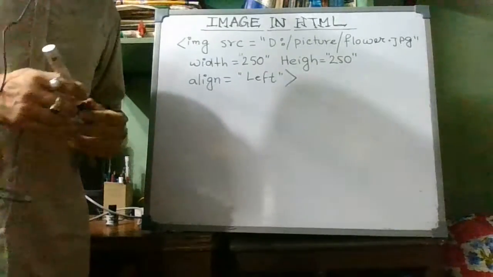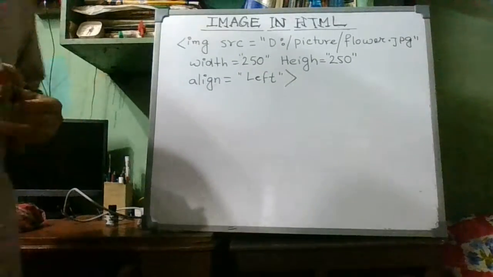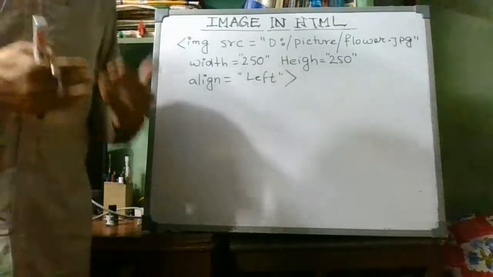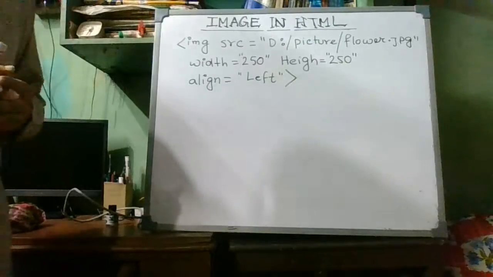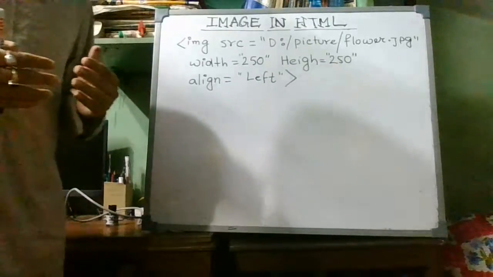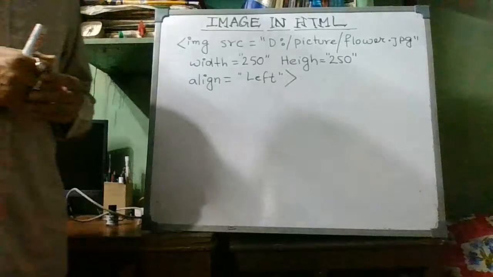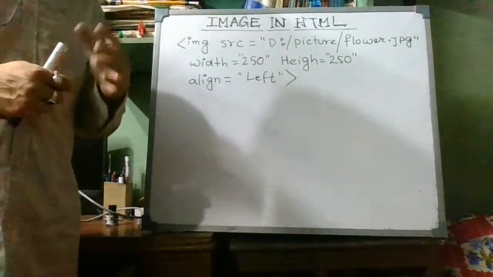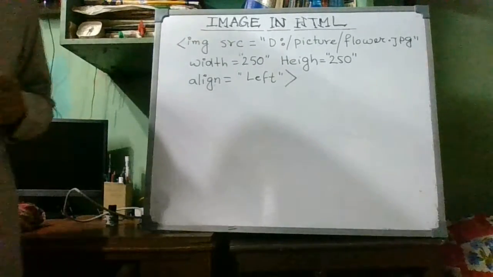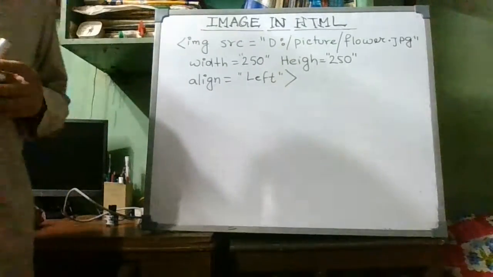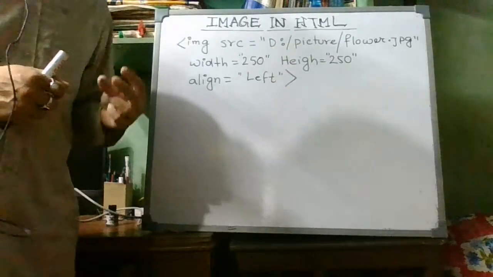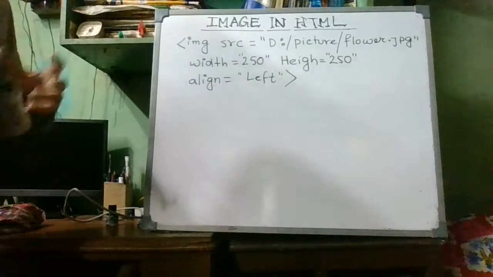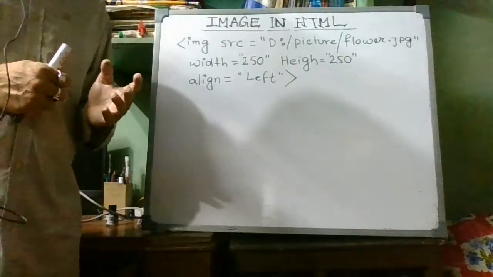In the previous revision class, I described what HTML is, what kind of language HTML is, the structure of one HTML document, what types of tags the HTML language uses, what we can include within the head part of an HTML document, and what we can include within the body part.